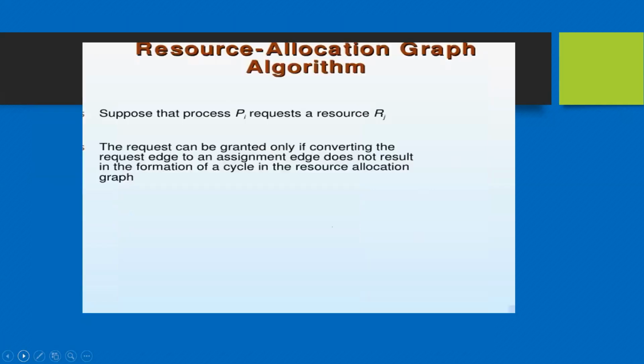Now again, the resource allocation graph algorithm. Suppose that process Pi requests a resource Rj. The request can be granted only if converting the request edge to an assignment edge does not result in the formation of a cycle in the resource allocation graph. What does it mean?